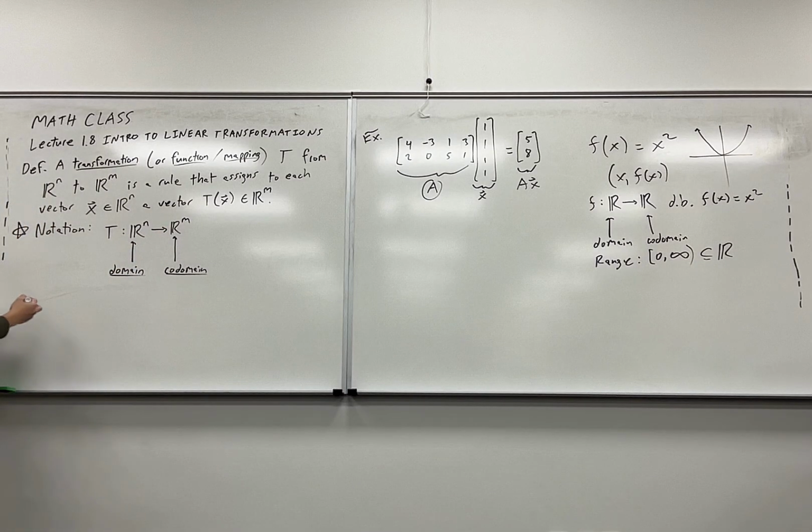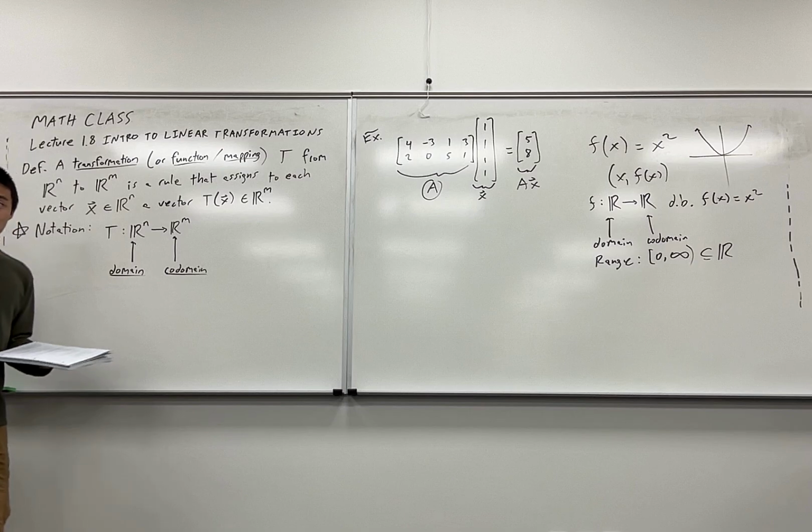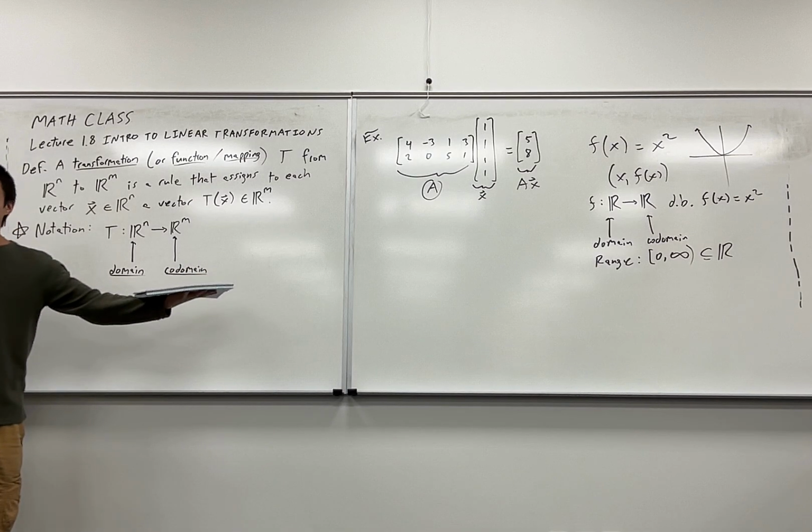And so there's two terms that we're going to introduce. One of them is new. It's called image. And then the other one is the familiar one that we know, the range, okay?